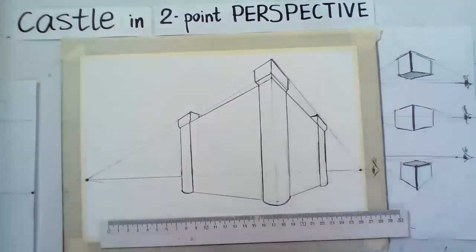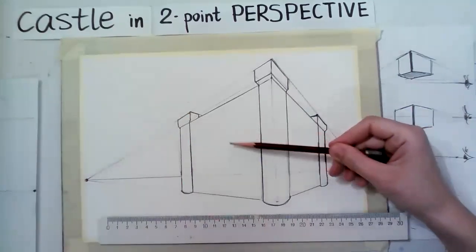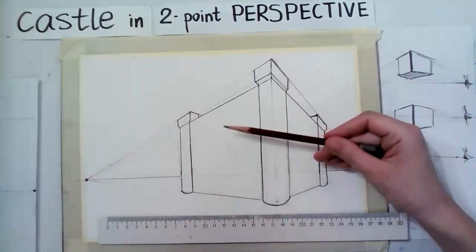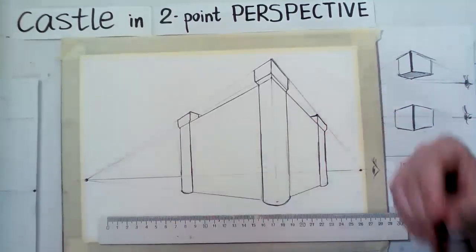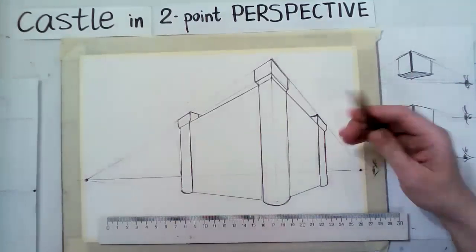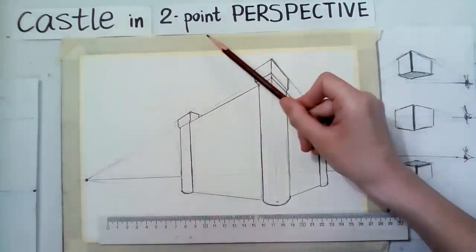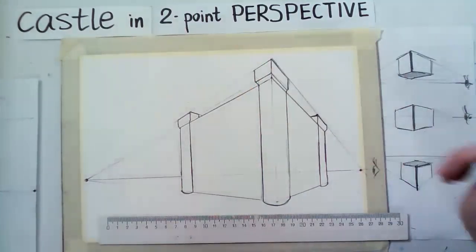Okay. Juliet, Ellie, ready to continue? Okay, nice. So now let's do the gate. Let's say I want a gate to enter this castle here. Our feeling would be, okay, let's put it in the middle. But the middle in perspective is not in the middle.